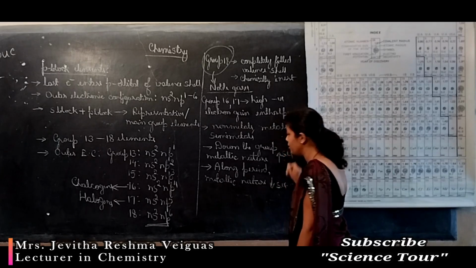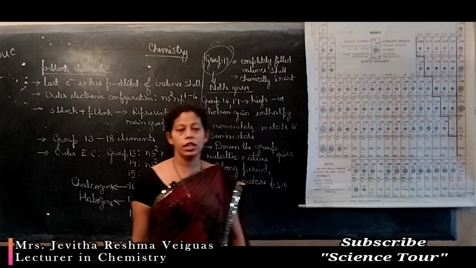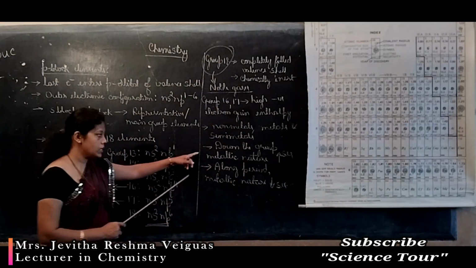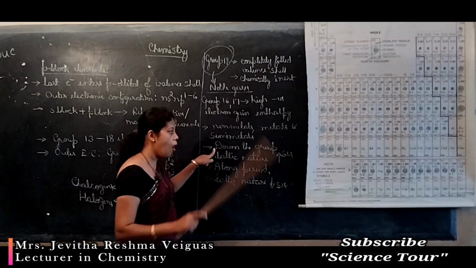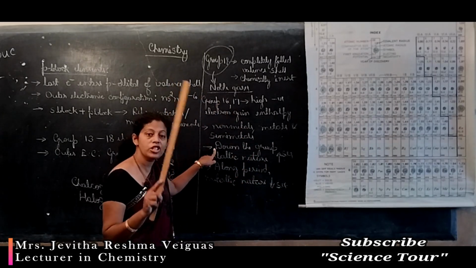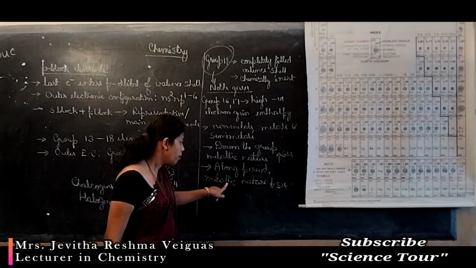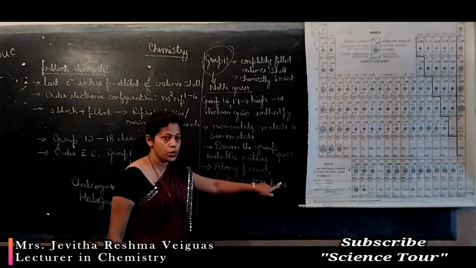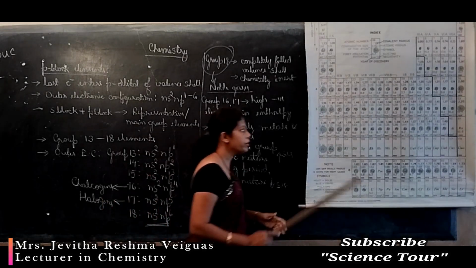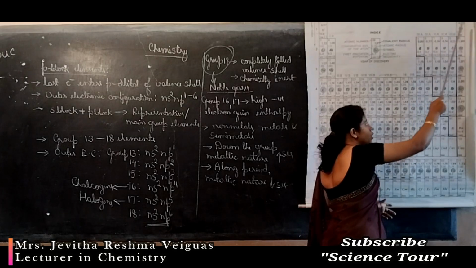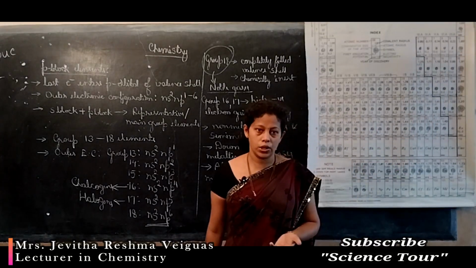If metallic nature decreases, the other meaning is non-metallic nature increases. So we can say down the group metallic nature increases or non-metallic nature decreases. Along a period, metallic nature decreases or non-metallic nature increases. So from group 13 to group 18, non-metallic character goes on increasing.